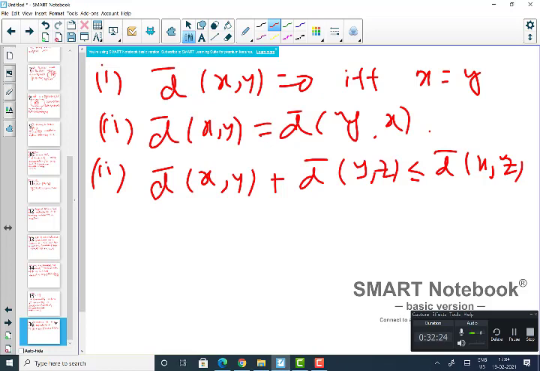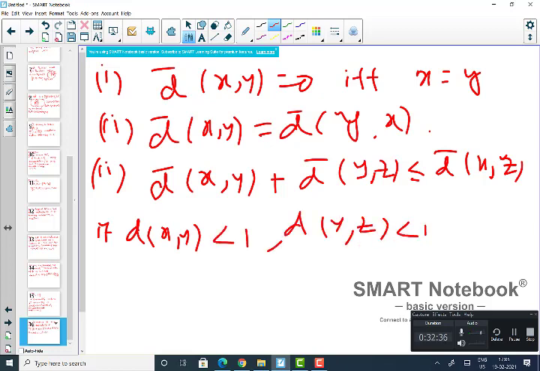Given 3 points x, y, z, first suppose the distance from x to y is less than 1 and the distance from y to z is also less than 1. Then by definition this is equal to d bar of x y, and this is equal to d bar of y z.